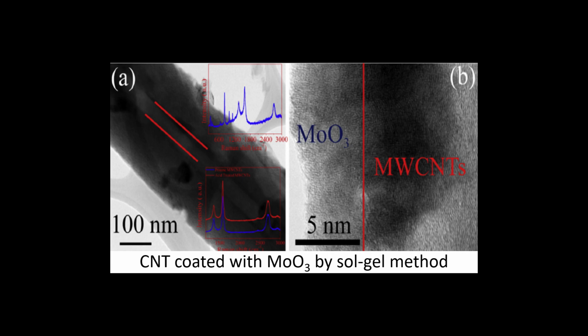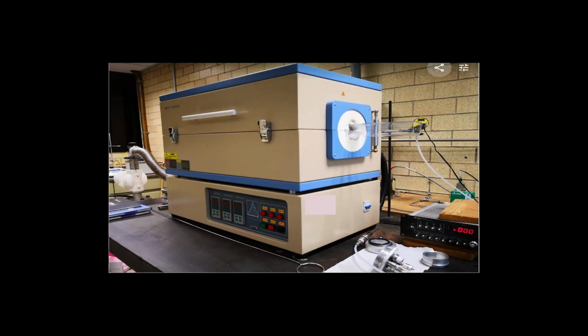However, today there are no reports in the literature of the use of the vapor phase dissociation method to prepare molybdenum trioxide carbon nanotube nanostructures. In the present research work, the synthesis and characterization of molybdenum trioxide carbon nanotubes hybrid nanostructure were carried out by the vapor phase dissociation method.